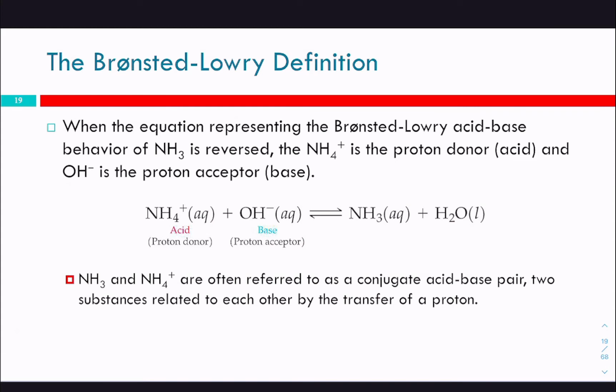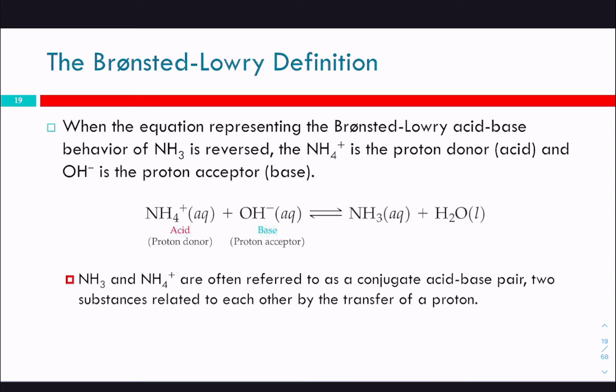So the other term that we're going to throw in here is a conjugate acid or a conjugate base. This is our ammonia plus water reaction from before, but now we've reversed it. Instead of going from ammonia to ammonium, we're going the opposite direction, from ammonium to ammonia. This one has 4 hydrogens, this one has 3. So this is called a conjugate. Conjugate means locked together or comes together.